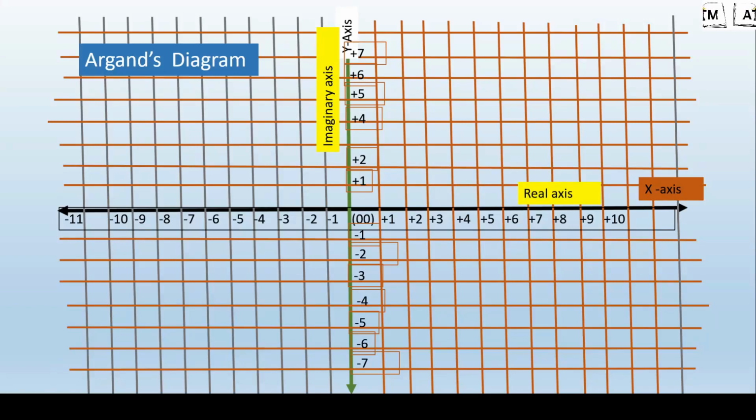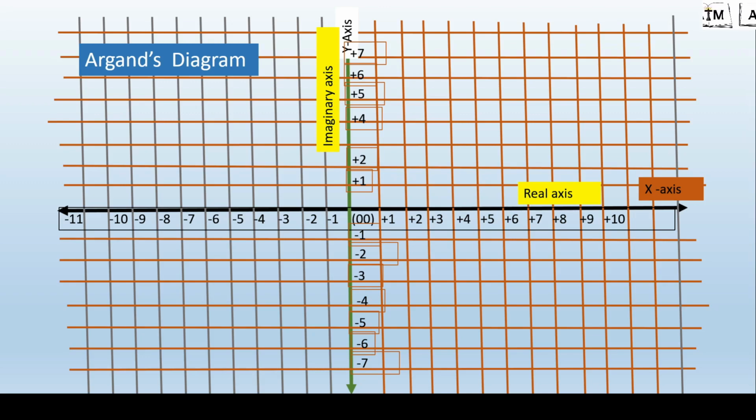Complex numbers can be represented by using Argand's diagram. Detailed explanation about Argand's diagram I have given in episode 5. In this episode, I am just giving you brief information. In Argand's diagram, the x-axis is taken as the real axis and the y-axis as the imaginary axis.